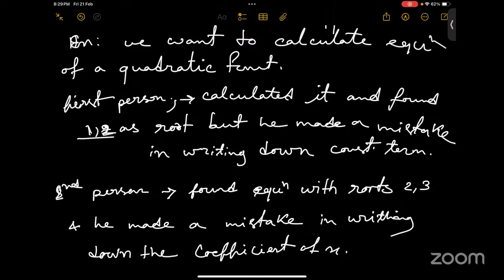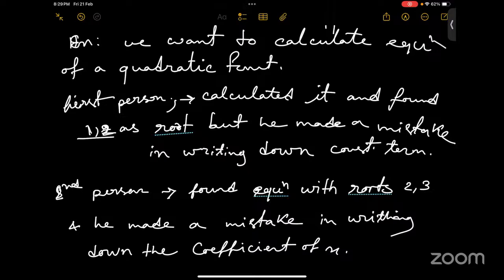So these are two hints and we have to find the exact equation. Is the question clear to all of you? Yes. Okay, so just try to solve this and let me know the final equation.